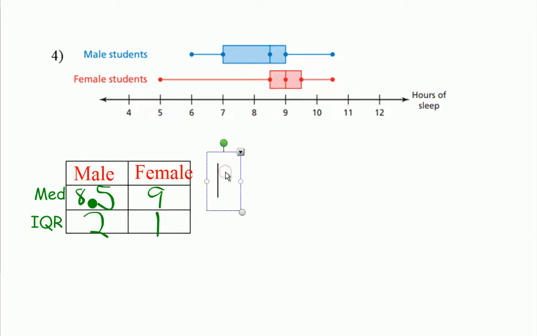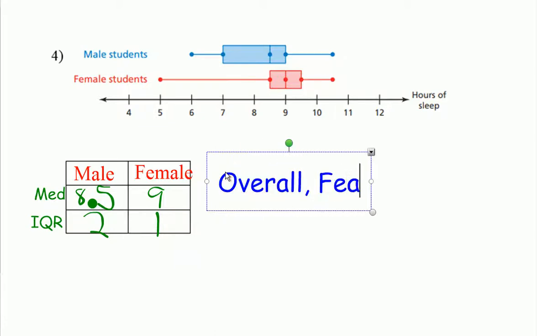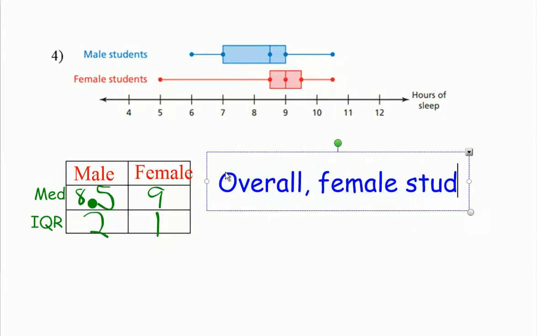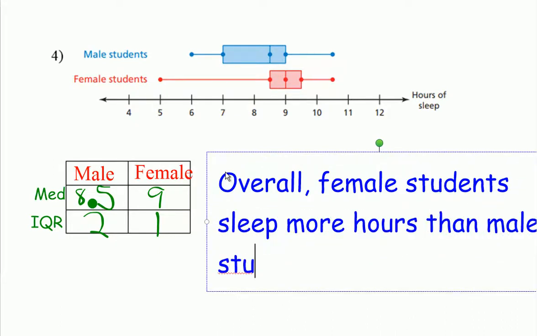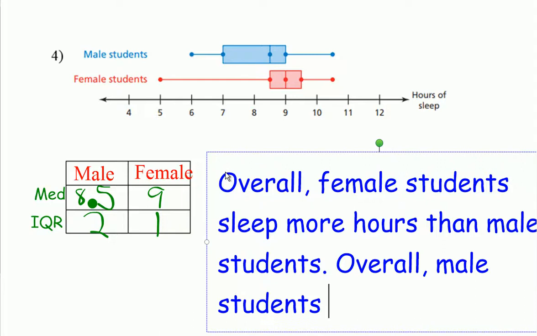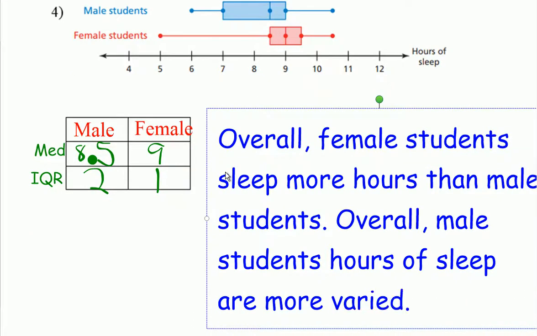So, according to this data, overall female students sleep more hours than male students. Overall, male students' hours of sleep are more varied. So there's more variability.